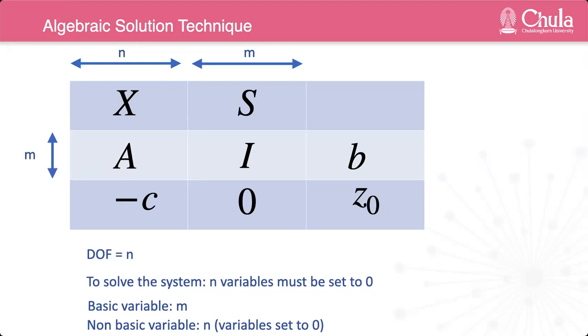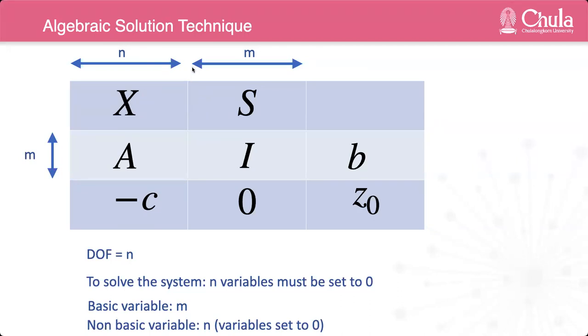And it must be an identity matrix because for the first constraint, we add S1 and the rest becomes 0, right? The second constraint, the coefficient of the first S1 is 0. We add S2 on that constraint. Okay?